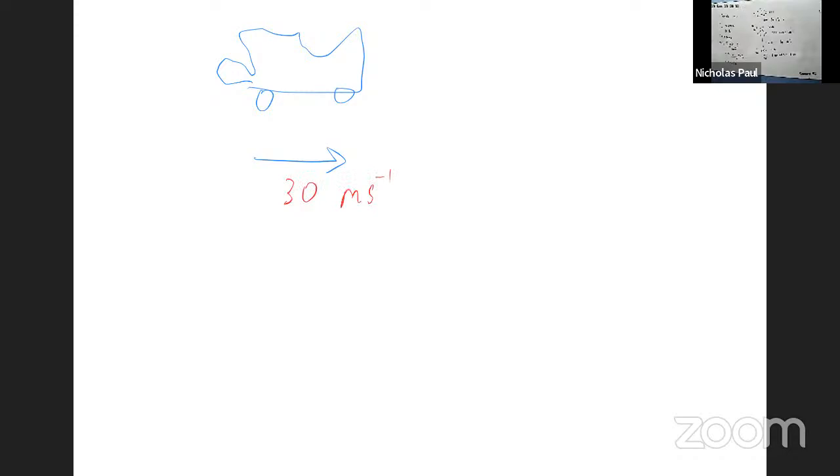But the speed limit on the highway, let's draw it again. The speed limit is 100 kilometers per hour. Right? Would the person get a ticket or not?